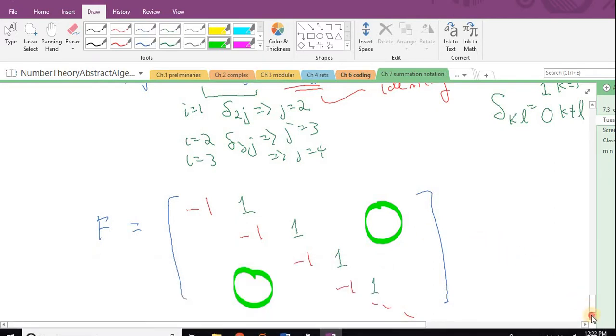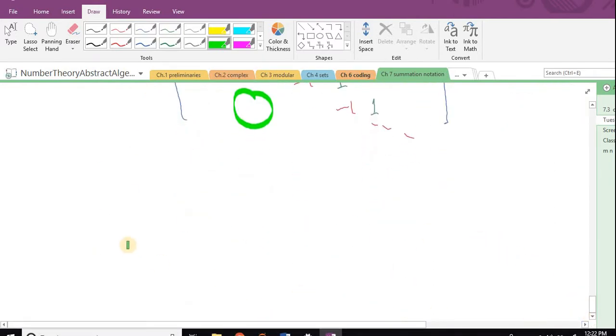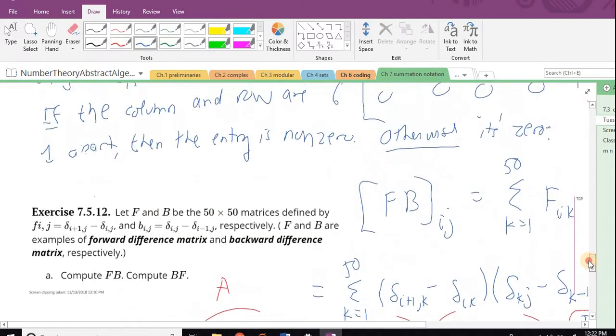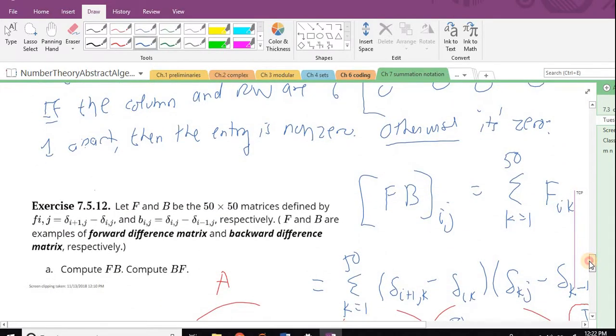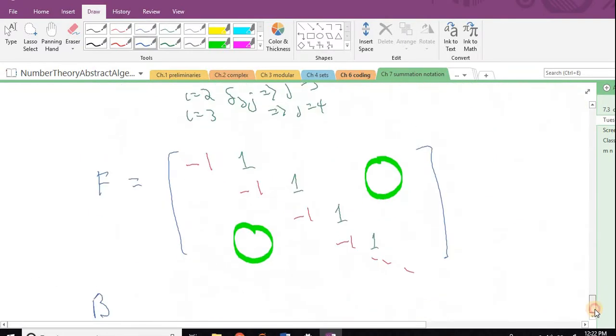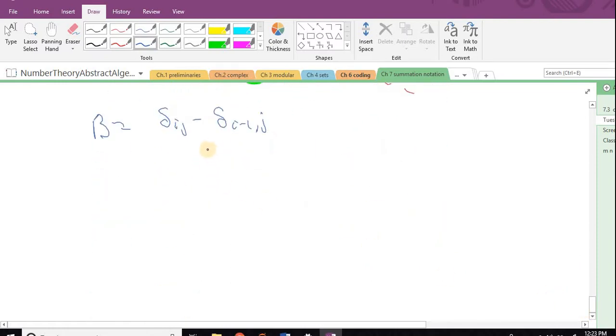All right. So let's think about what B looks like. So B was equal to, and I have to look back and see what it was. B was equal to delta_ij minus delta_{i-1,j}. So this is equal to delta_ij minus delta_{i-1,j}. Okay.